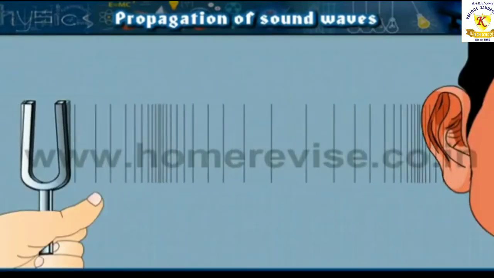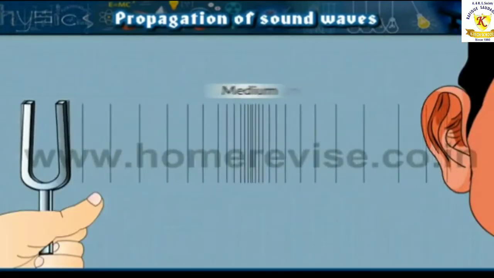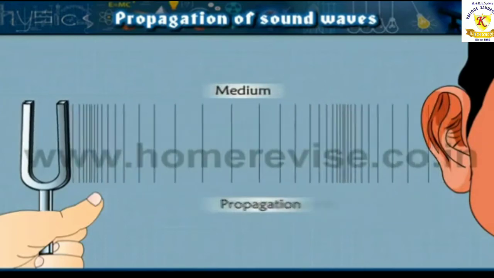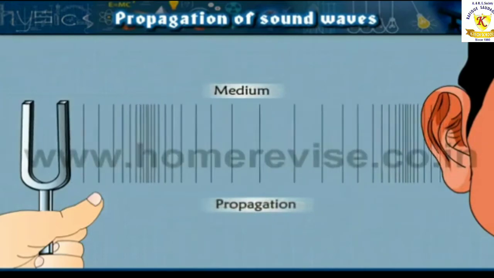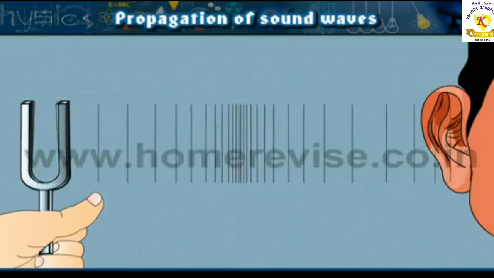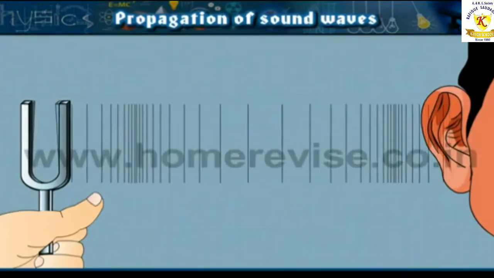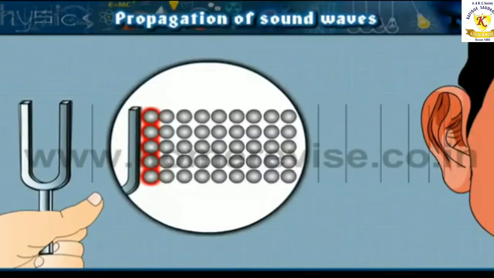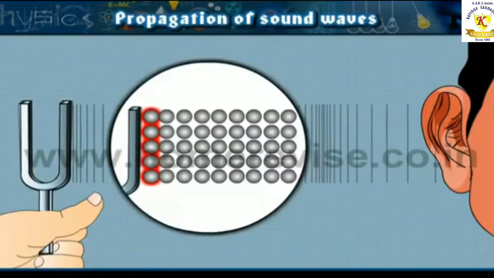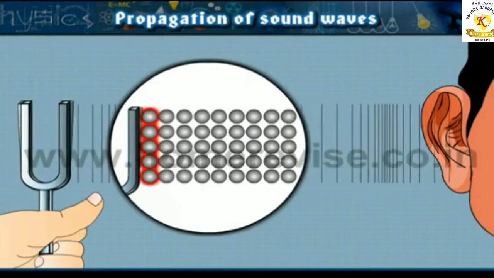Propagation of sound waves. The sound waves necessarily require a medium for their propagation. The transfer of energy by the waves is through the vibrations of the medium particles about their mean positions.